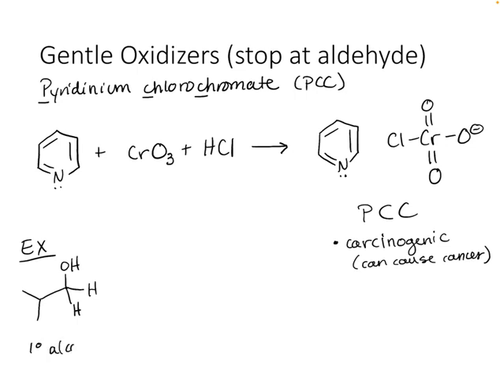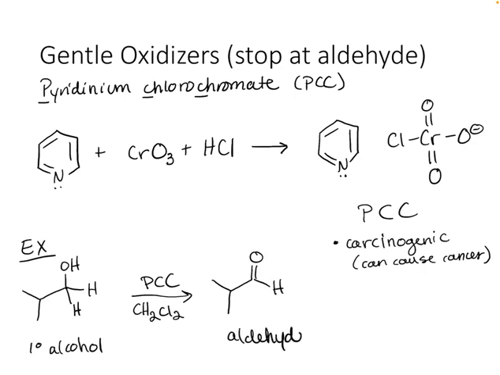However, if you use PCC, and then let's say you just dissolve everything in dichloromethane, which is yet another carcinogenic molecule, you'll end up stopping at the aldehyde. So if you did use these reagents, you would want to be protected. You would want to wear gloves and just be really careful with all of the reagents.